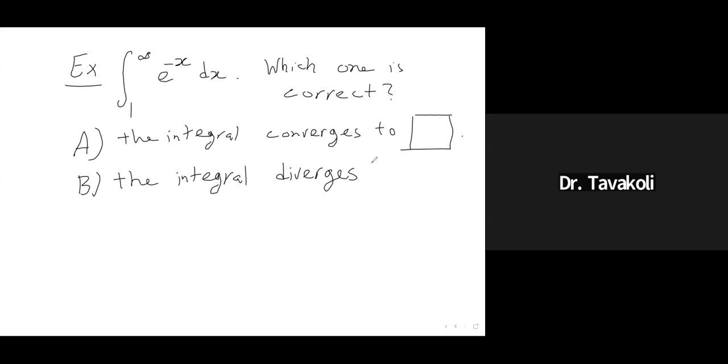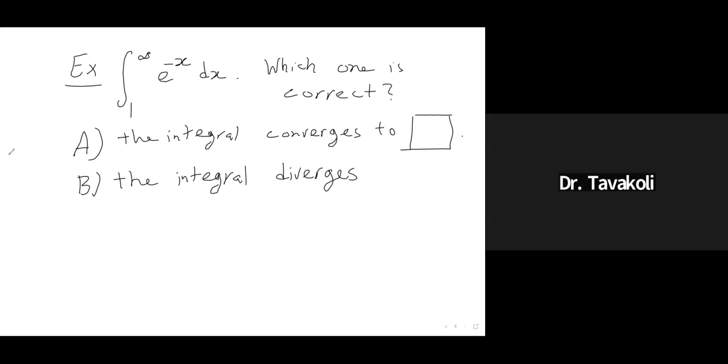Just in case, if you chose A, you need to enter the value, which must be a finite number. And that finite number should be an exact value. Do not round to any decimal place. Write the exact value of that.